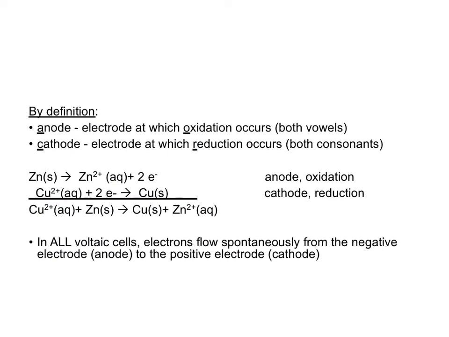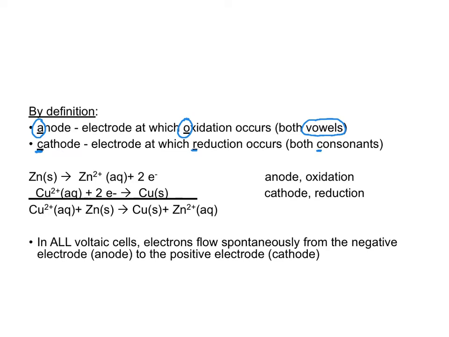Here are some definitions. An anode is the electrode where oxidation occurs. Notice both of them start with vowels. We are a Gen Chem class, not graduate level, so let's use something that helps us remember. By analogy, the cathode is the electrode where reduction occurs, and notice both of them start with consonants.